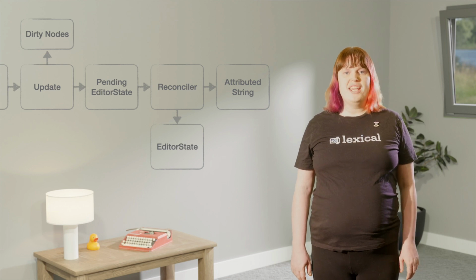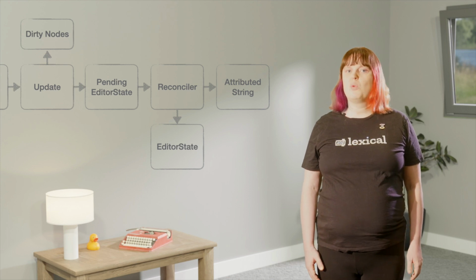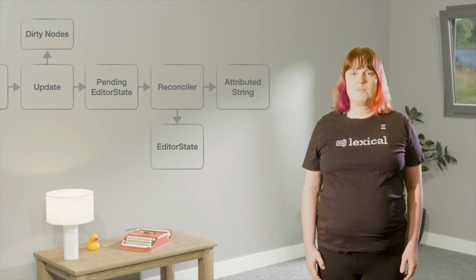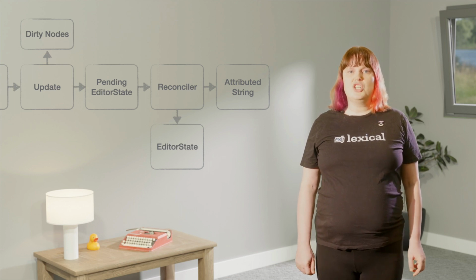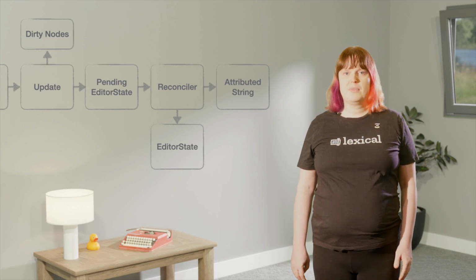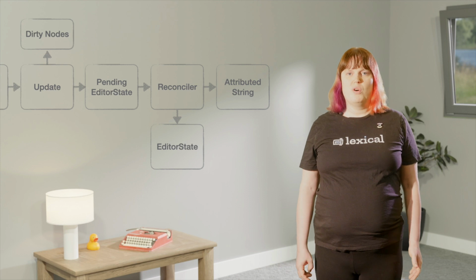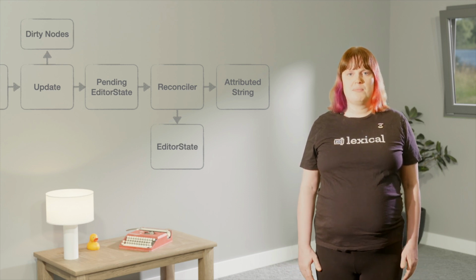To understand why the range cache is necessary, let's return to the difference between Lexical Web and Lexical iOS. On the web, Lexical's reconciler is applying the changes from one tree structure, the node tree, to another tree structure, the DOM tree. Lexical just needs to keep a one-to-one mapping for which Lexical node corresponds to which DOM node.